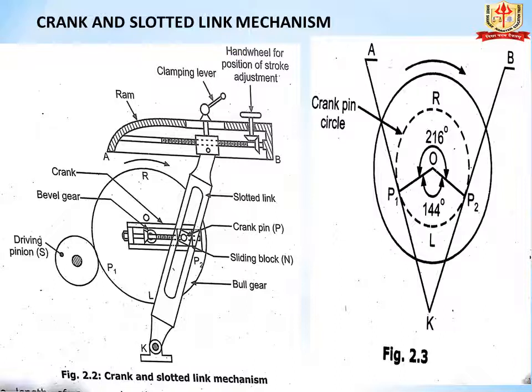Here KA indicates the starting point of the forward cutting stroke and KB the end of the cutting stroke. The rotation of the crank pin OP in clockwise direction through the angle P1 R P2.